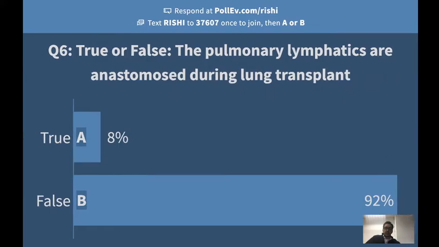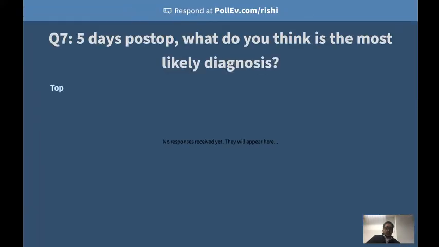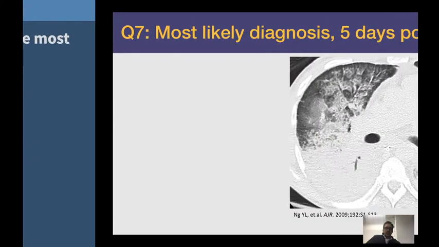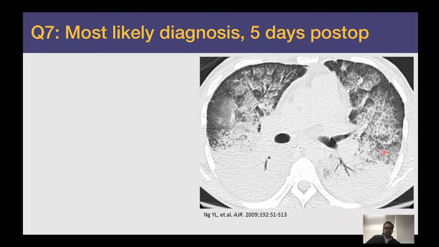Okay, next question. 5 days post-op, what do you think is the most likely diagnosis? So this is the chest CT that we're referring to here. What you can do is put in a response, and then if you see a response that you like, you can upvote that response.